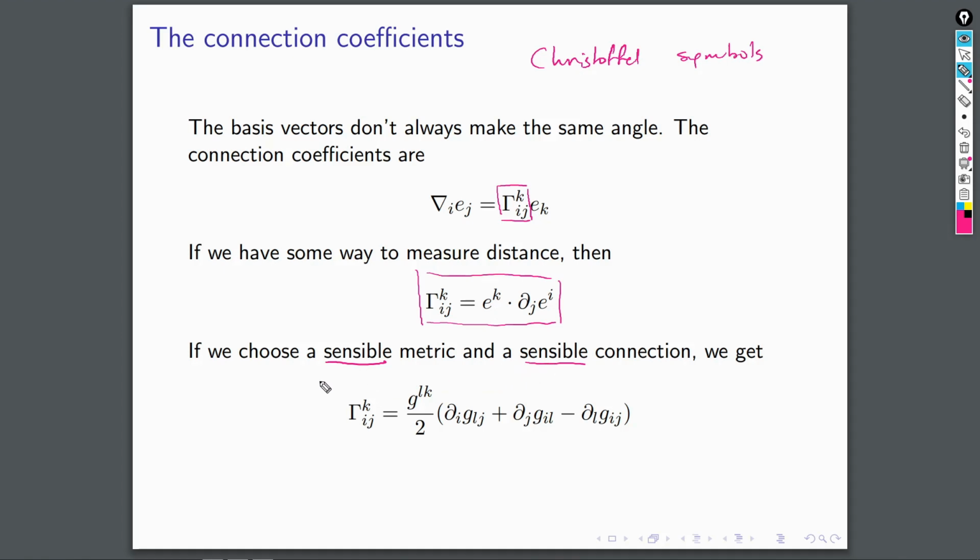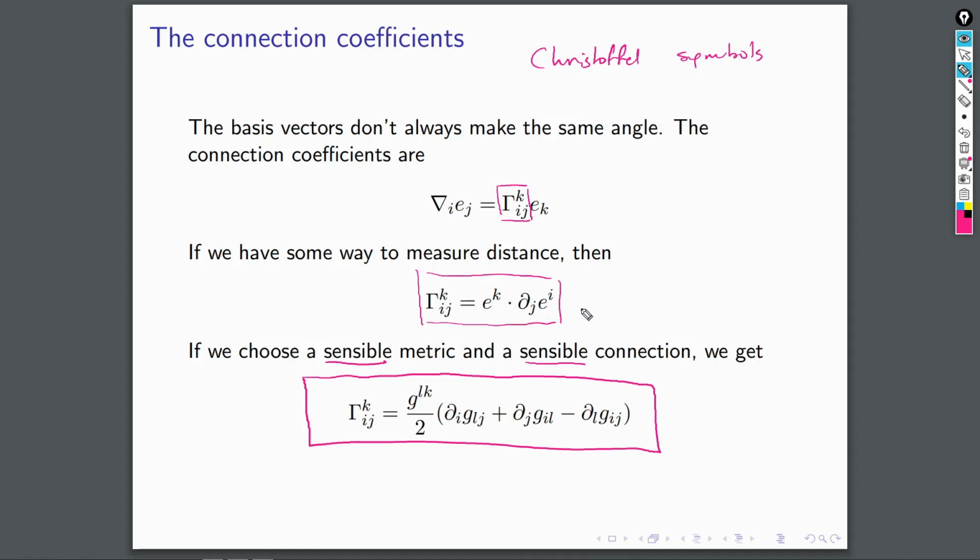Whoops. We end up with this formula here, okay? And the derivation of this formula, again, is not relevant to this video, but this is a very important formula and worth writing down, okay? So we can build our connection coefficients from our metric, okay?